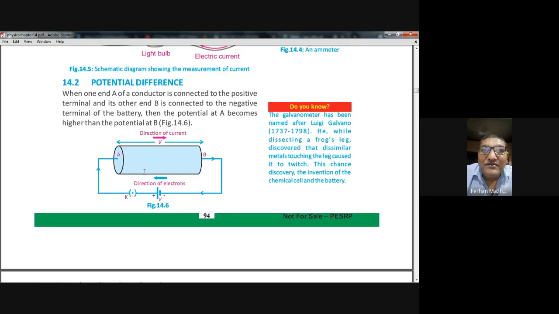So if you have only a single resistor, a single appliance connected in a circuit, whatever energy is provided is converted into another form of energy. It can be light, heat, sound, mechanical energy, or kinetic energy, whatever the appliance does.